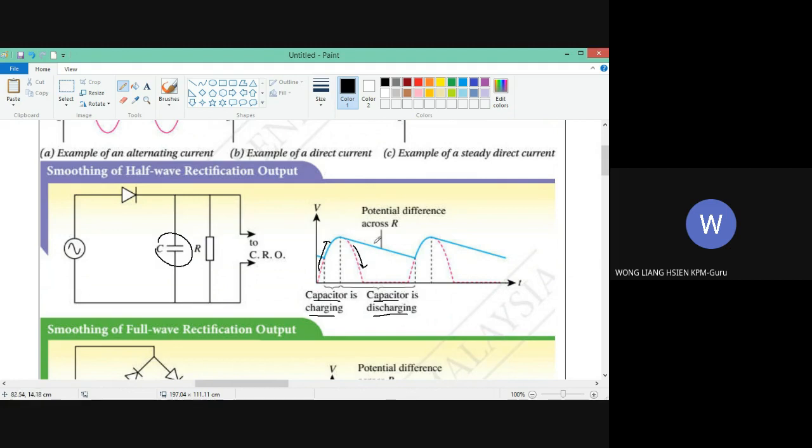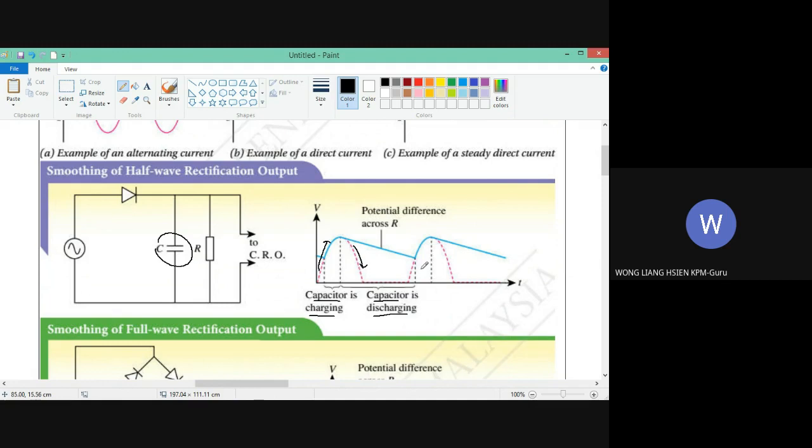So it will discharge slowly. But before it finishes discharging, the alternating current will finish changing direction and want to change direction again. So the alternating current increases in voltage in the same direction, and then it will charge up the capacitor again. Okay, charge up the capacitor.